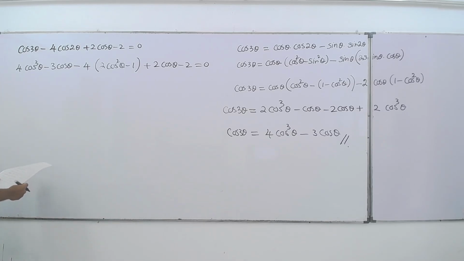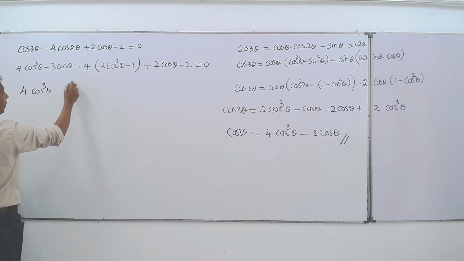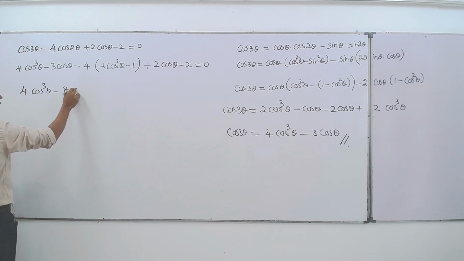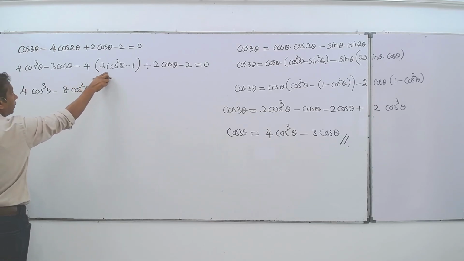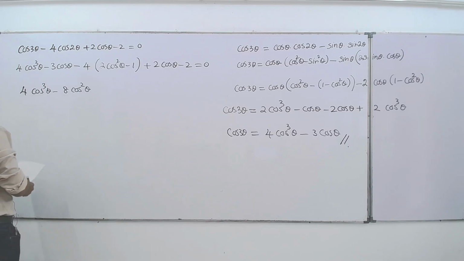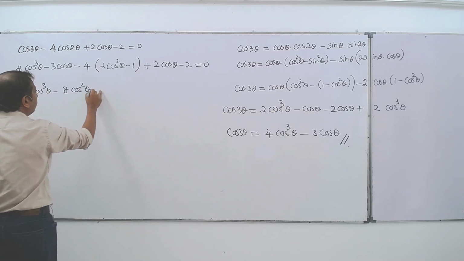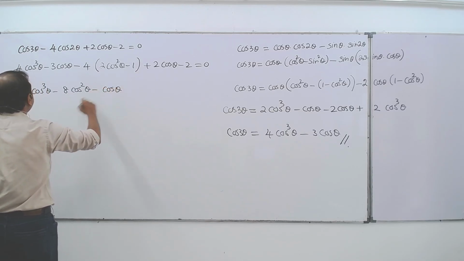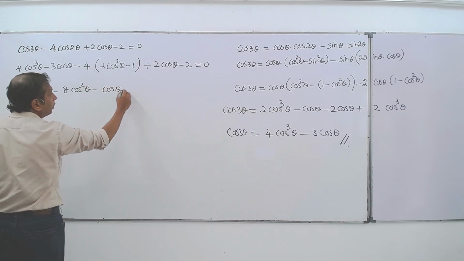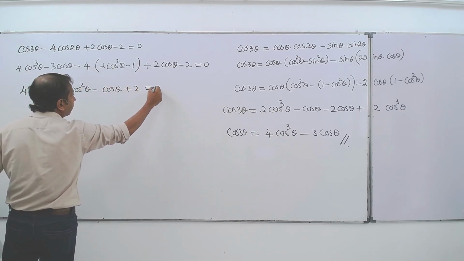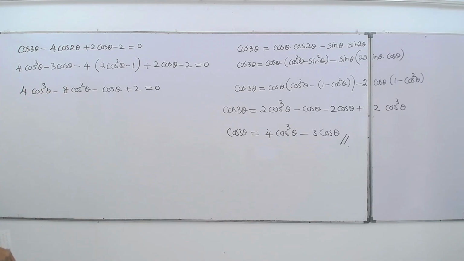Now when you simplify this, here we get 4 cos cube theta minus 8 cos square theta, and minus 3 cos theta plus 2 cos theta is minus cos theta. Here plus 4, there minus 2, then 2. That way we get.